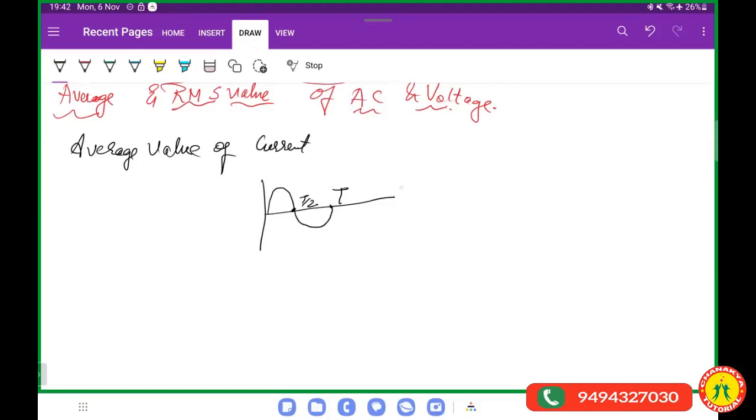It is actually 0. How? This is the positive half cycle, this is the negative half cycle. So T by 2 plus minus T by 2.